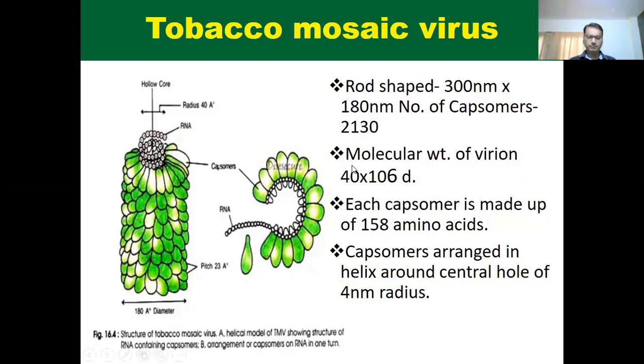The molecular weight of the TMV particle is 40 into 10 raised to 6 Dalton. Friends, you have to see this 10 raised to 6. Each capsomer, the protein unit of which the capsid is made up, is made up of 158 amino acids. Capsomers are arranged in a helix around the central hole of 4 nanometer diameter.